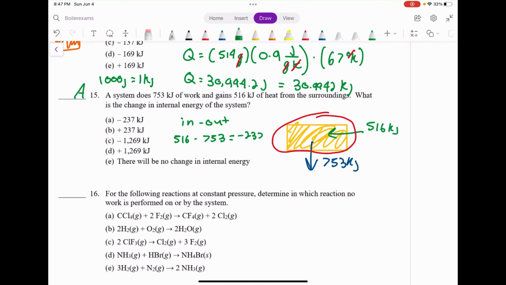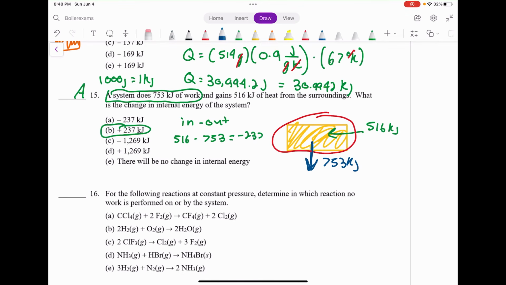Wonderful. Okay. If you would have gotten this one wrong, you probably would have picked B. You need to be tipped off by some of the keywords here. Our system is doing work. So it's doing work on the surroundings, therefore I know it's leaving.